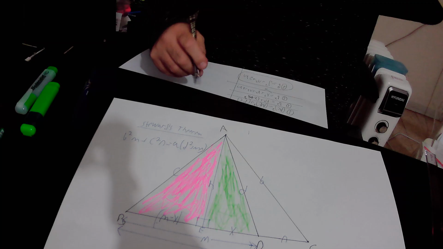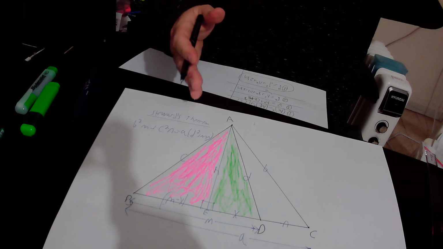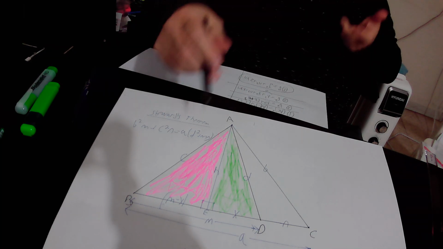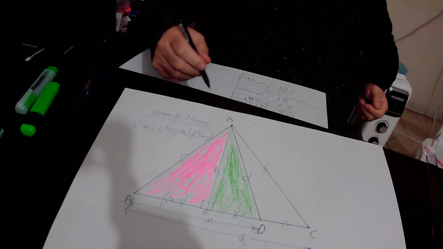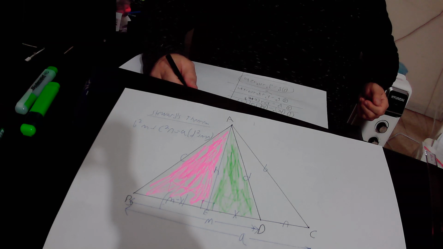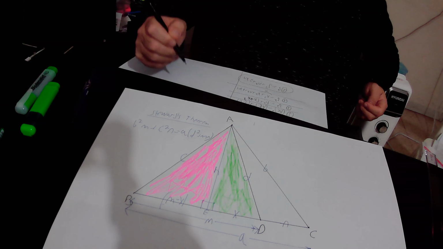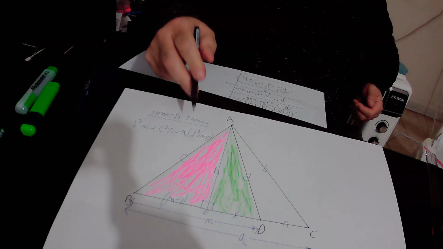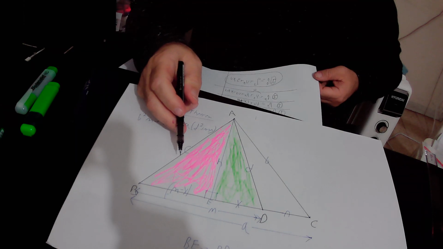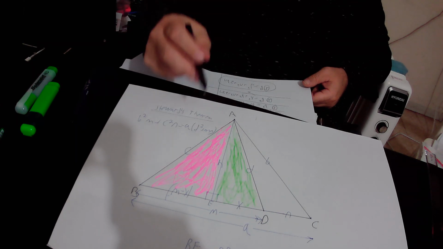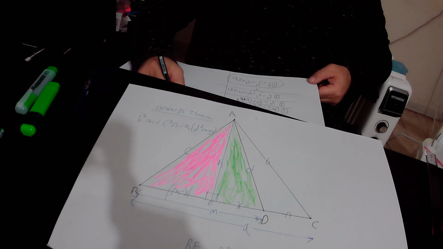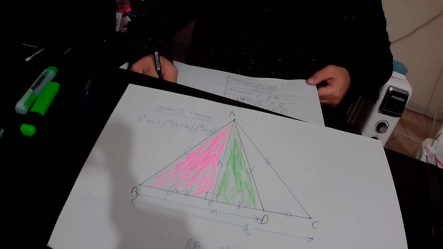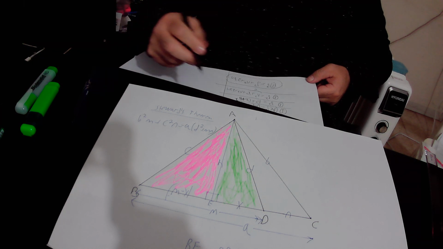It is given in the question itself that AB equals c units, so AB squared is c squared, and it must be equal to BE squared. BE is m minus x, therefore BE squared is (m minus x) squared, plus AE squared.